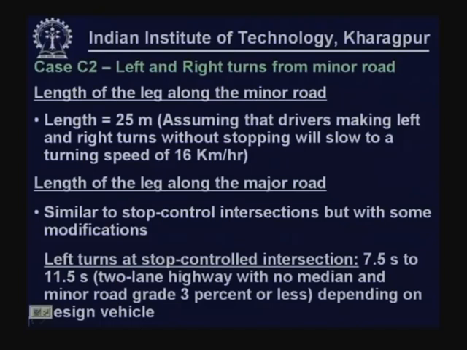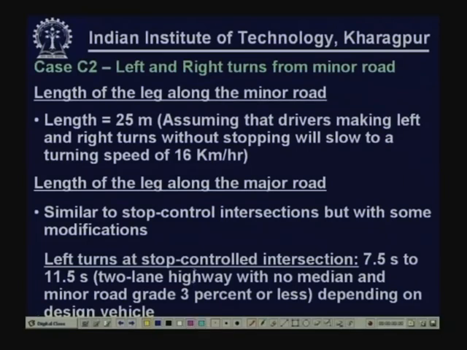Now, this 25 meter is based on the assumption that drivers making left and right turns without stopping, remember this part, without stopping will slow to a turning speed of 16 km/h.